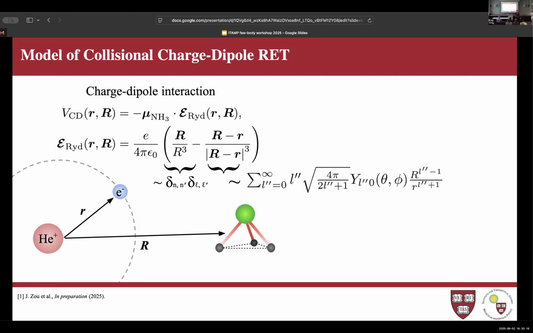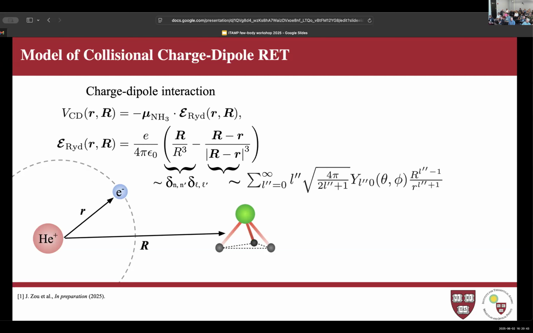How do you treat the singularity of big R and little r? When big R is equal to little r, you need an infinite number of values of L to converge the potential.